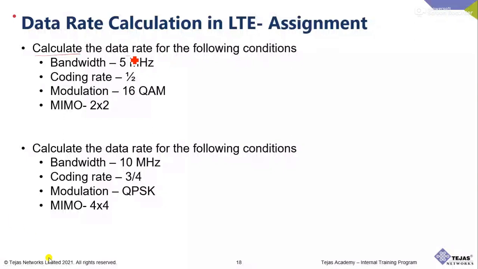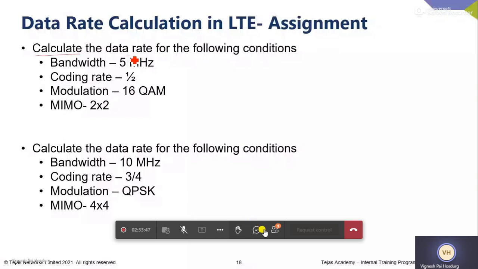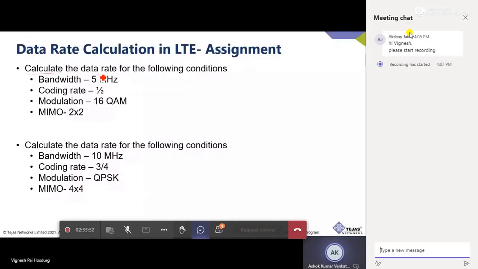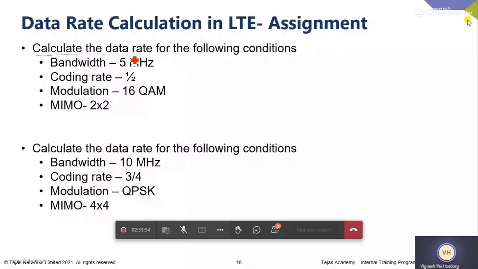If we had not taken resource block, we should have taken... No, I just multiplied first 2 and 4. Okay. What is the answer for this? 16,800. Correct? 16,800. Now this is the number of bits per second.